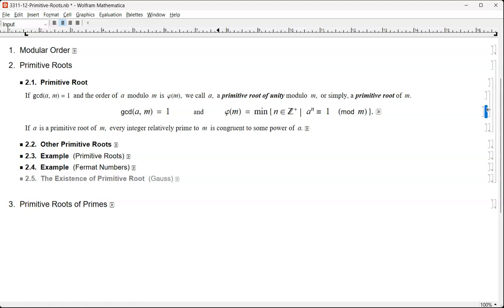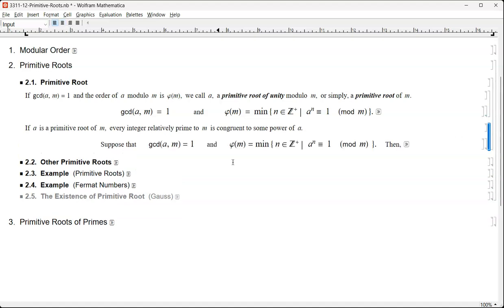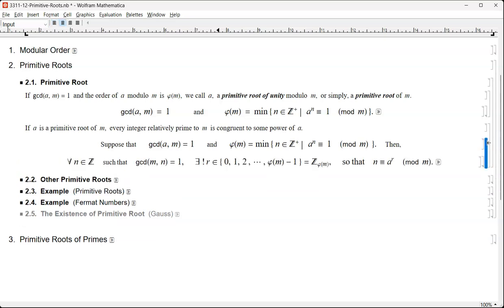Okay, we went through the definition and some terminologies. Now let's state and prove the most important property of primitive root of unity, modulo k. So let's suppose a is a primitive root of m. Then here's the conclusion.